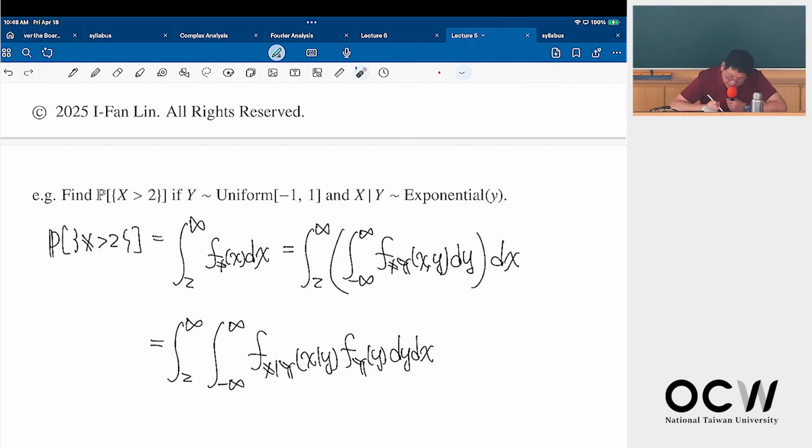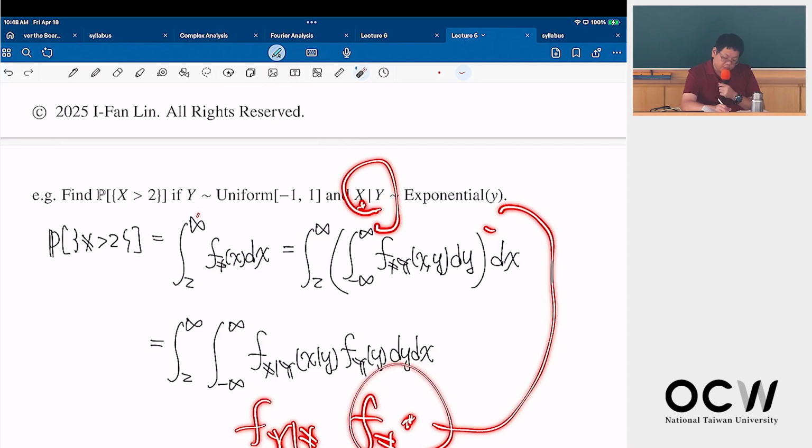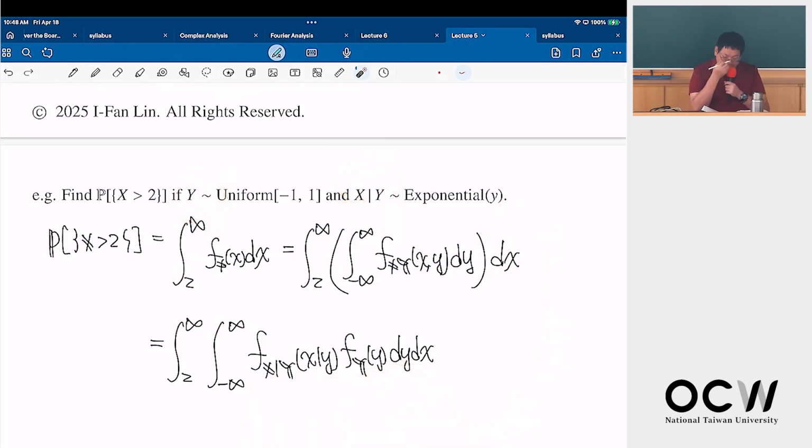Again, you can also choose y given x times the marginal PDF of x, but we still don't know this. And from the question, I know the distribution of x given y and y. So that's why I choose the PDF of x given y times the PDF of y to express the joint PDF.